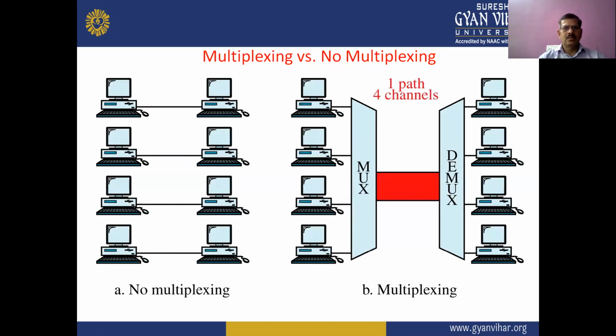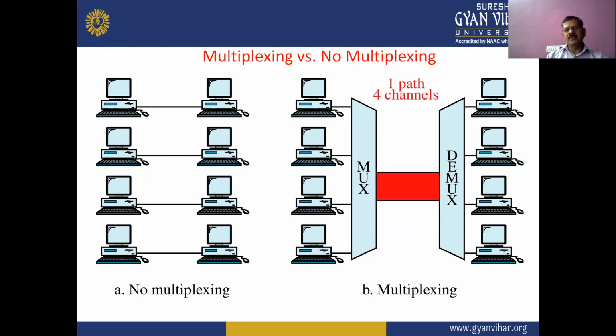So, multiplexing versus no multiplexing. Here in the no multiplexing and multiplexing diagram, in the no multiplexing diagram, there are different inputs connected to different output devices one by one.